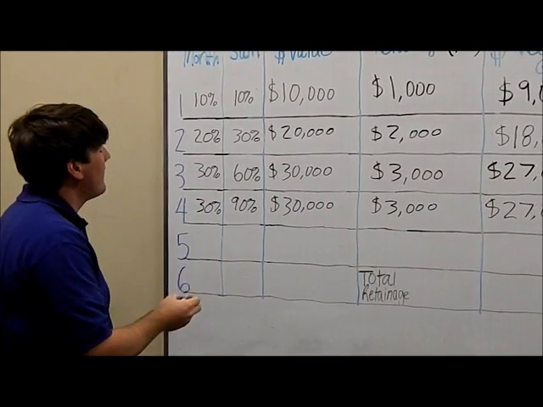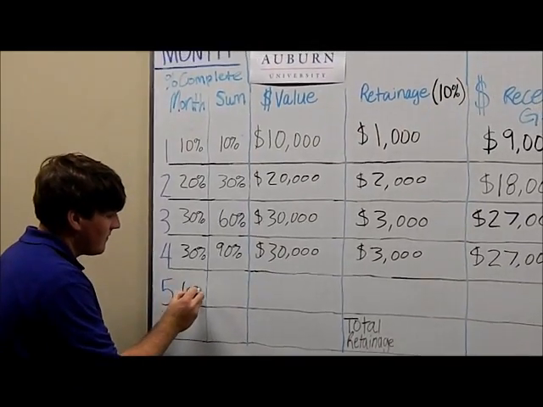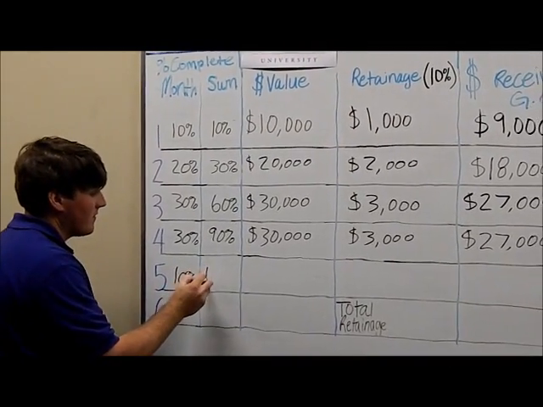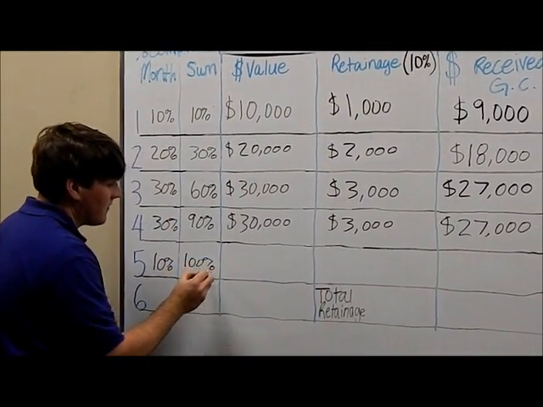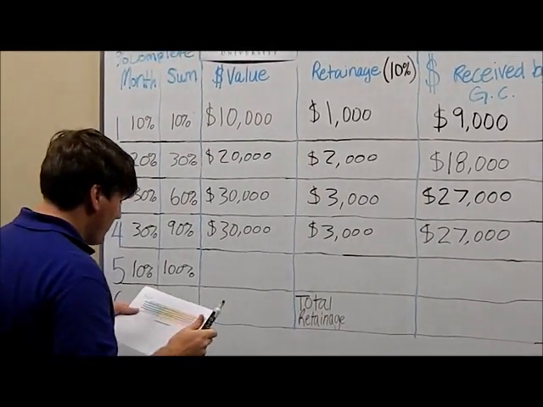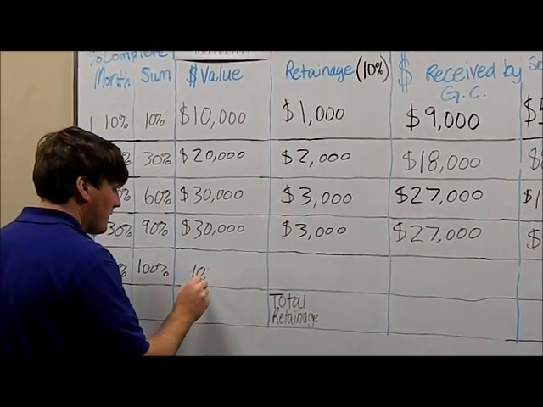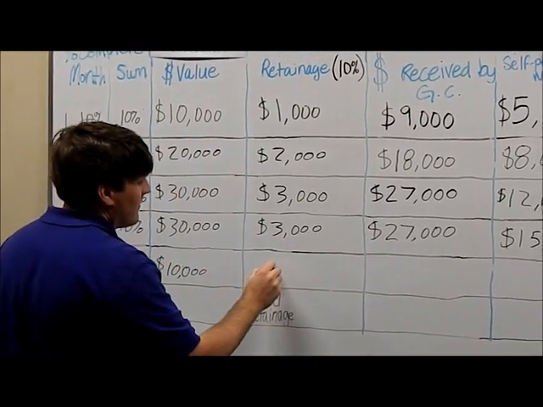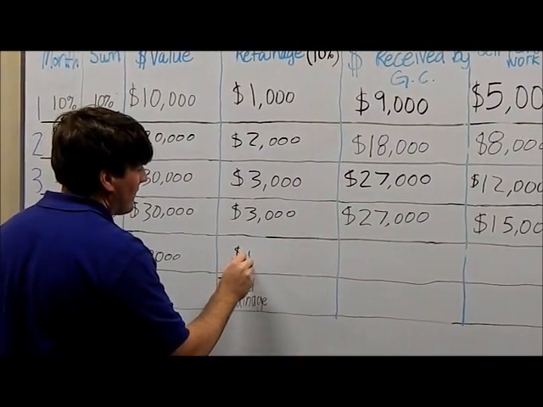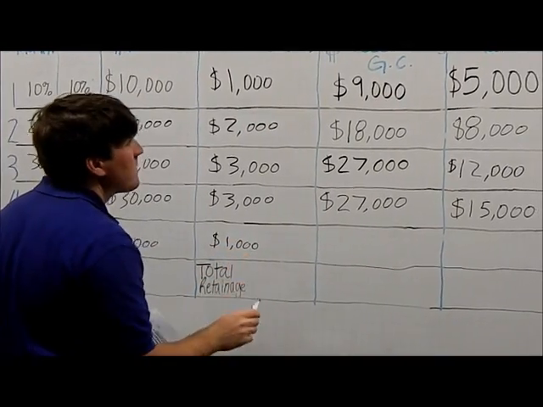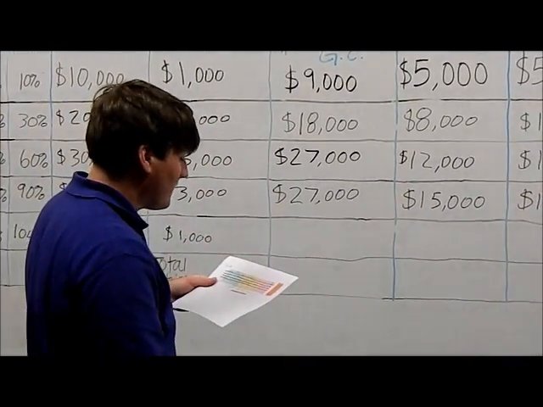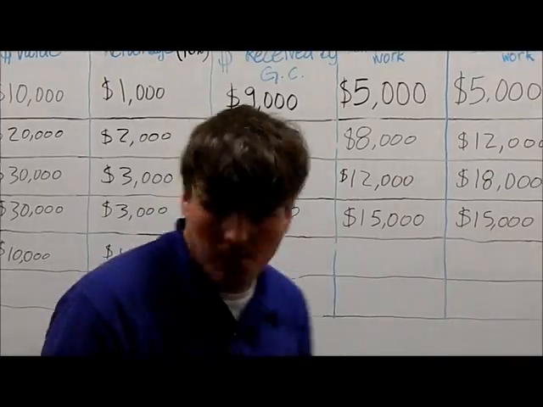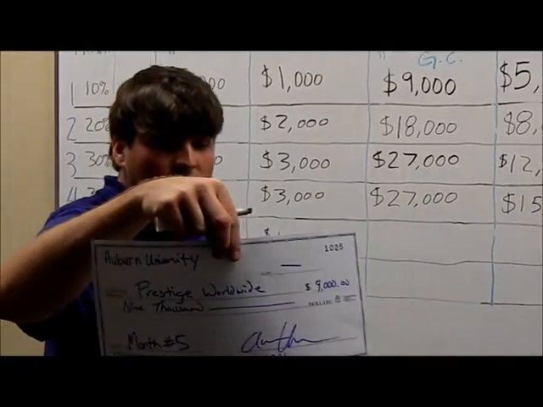Here we are at month 5. We have our last 10% this month, we've done the project, so that brings us to 100% complete. The total value of this month was $10,000. Total retainage of this was 10% of the $10,000, so that equals $1,000. So the total we received from the owner to the general contractor is $9,000.